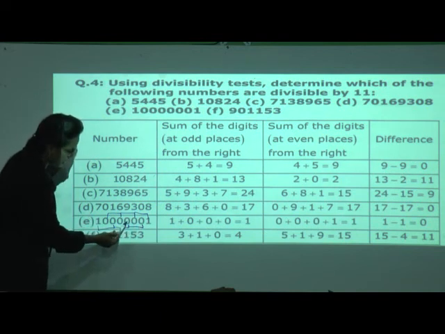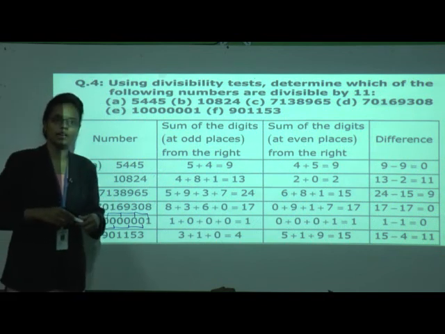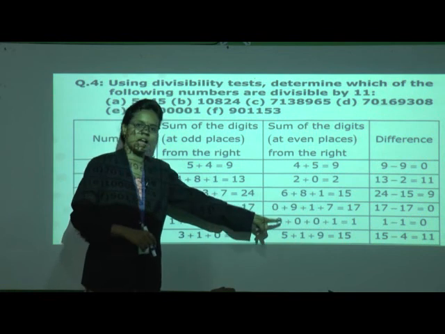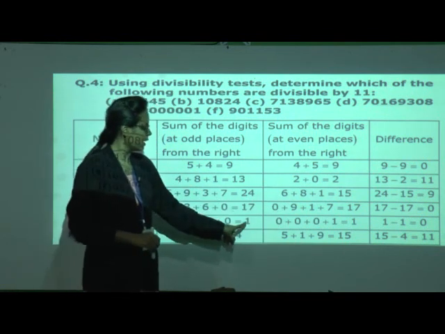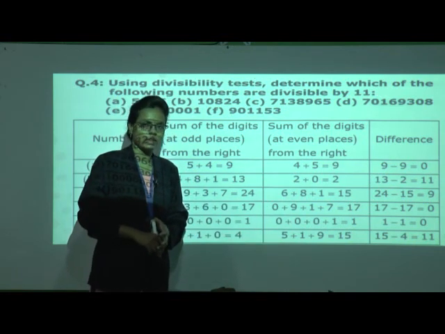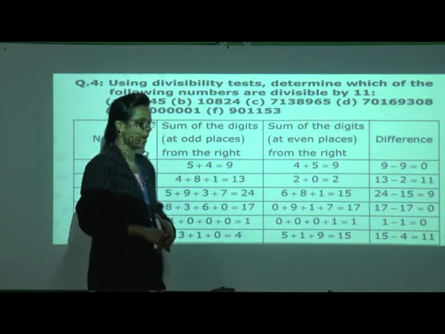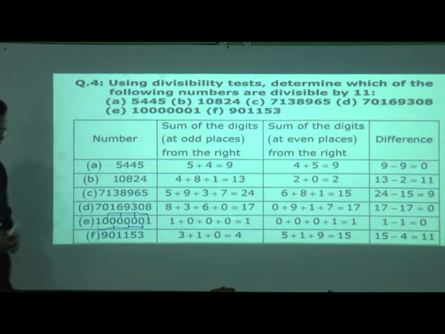So 0 plus 0 plus 0 plus 1, we got 1. At odd places we got 1, and at even places also 1. The difference is 1 minus 1, which is 0. So the number is divisible by 11. Okay.